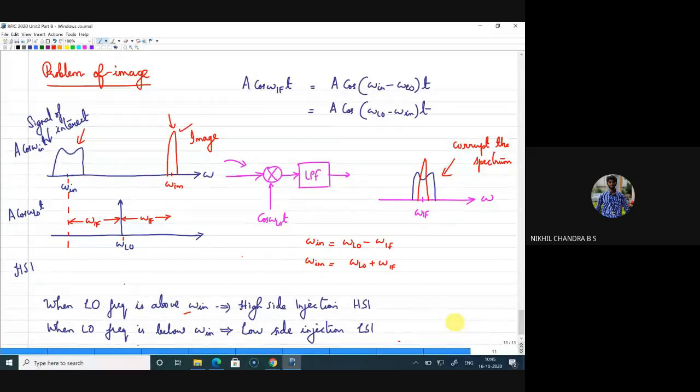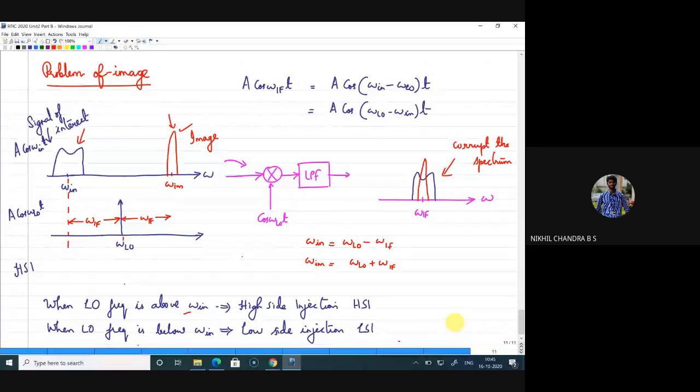Yes, sir. When we pass the signal through the mixer and low pass filter, the output that we get is the addition of two, isn't it? It is a low pass filter, right? So at the mixer output you have two components, sum and difference, and the sum component is eliminated by the low pass filter. That is what I have shown now on the screen.